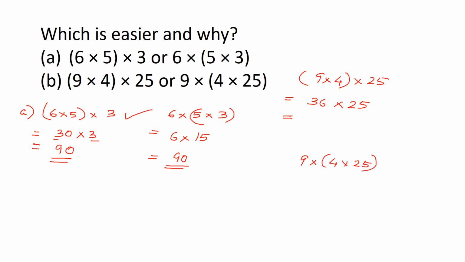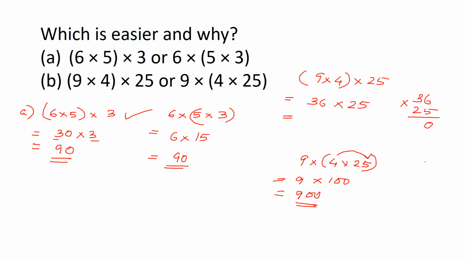Children, you know, 5 fours are 20. 4 into 25 is 100. So what is the answer? 9 into 100, 900.